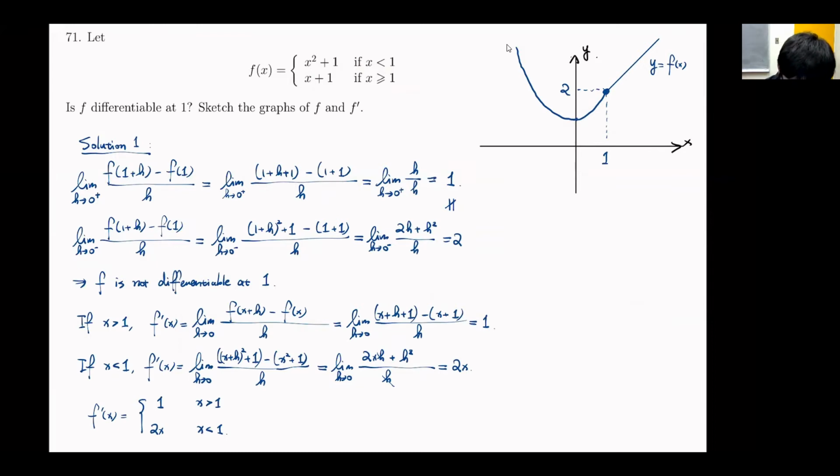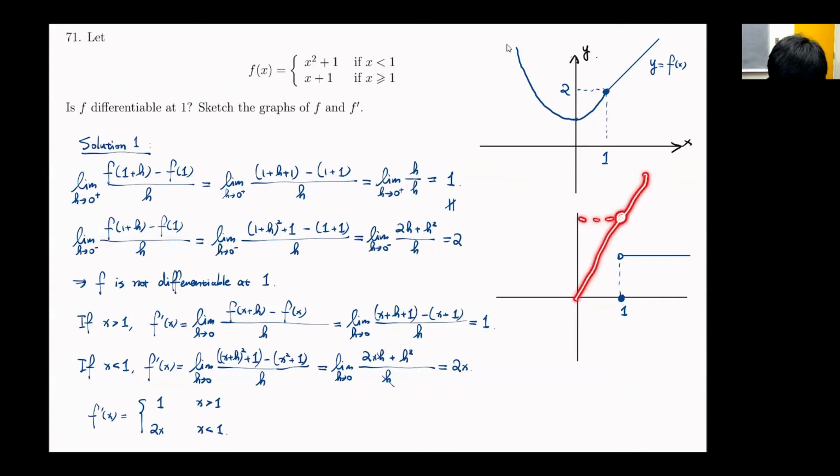Okay, so for the second part, let's just again draw the coordinate line. The formula is easier. When x is strictly greater than 1, the function is constantly 1. So that basically means my graph for f prime of x looks like this. So this is the number 1 over here. On the other hand, when x is strictly less than 1, my function looks like 2x, which is a line of slope 2 passing through the point (1, 2), but because we only need this part, we should have a hollow dot over here.